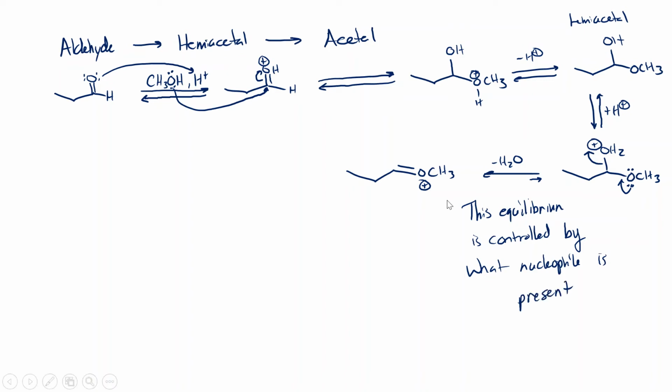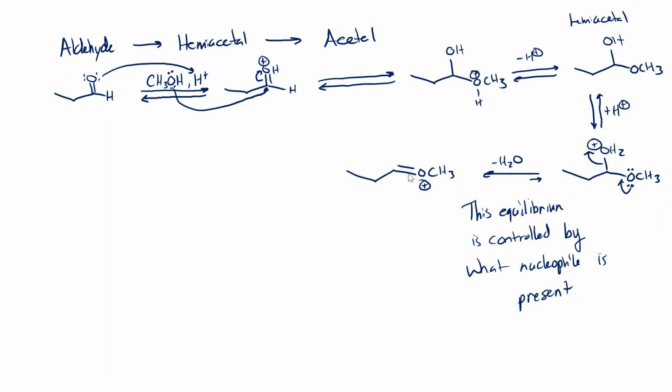Right? So if we have a whole bunch of methanol present and there's no water in our reaction, right? So we just use dry methanol where there's no water in it and methanol is the only nucleophile that's around. The only thing that's going to add to this carbocation is methanol. Right? Because that's the only nucleophile that's around.